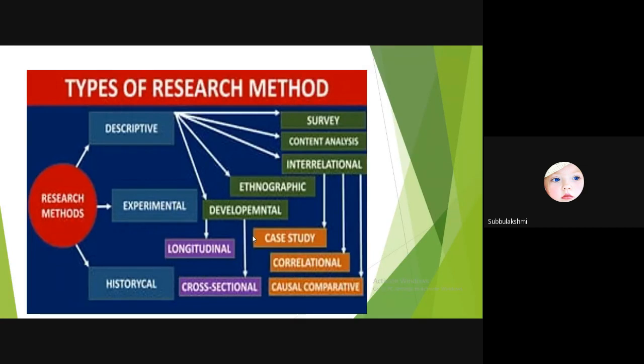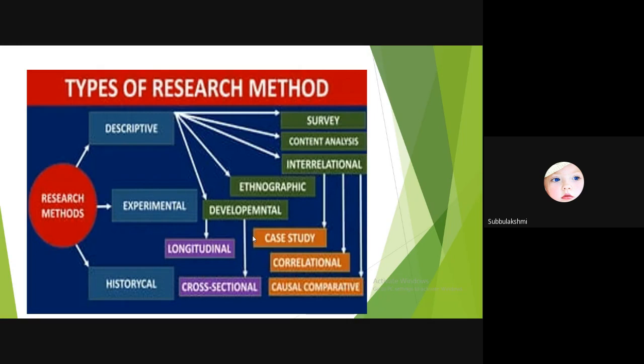And when we take experimental and historical, this is again defined here: developmental, longitudinal or cross-sectional, again interrelational, case study, correlation. So you have many subdivisions in it.